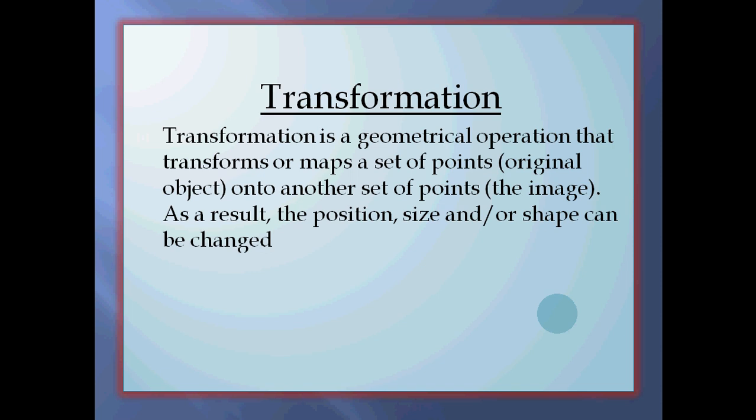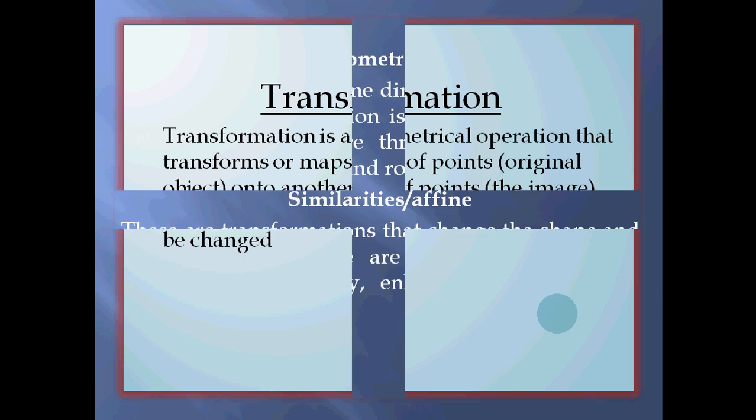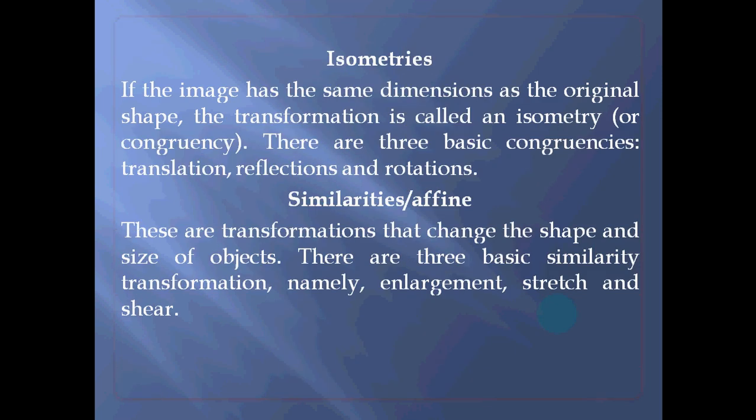As a result, the position, size, and or shape can be changed in some transformations. We are going to look at two types of transformations. One, an isometry. Two, an affine.